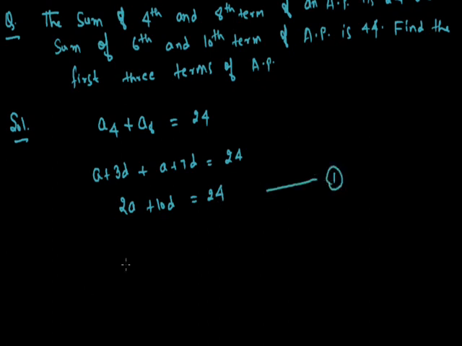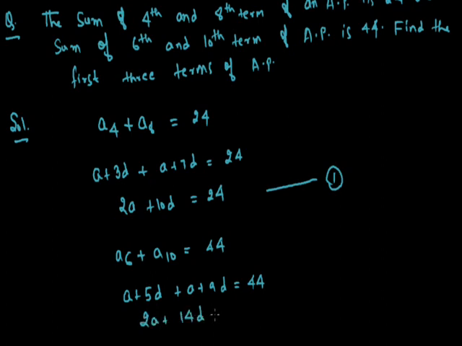Now in the second case, it is given the sum of the sixth term and the 10th term is equal to 44. So we can write a plus 5d plus a plus 9d equal to 44. So we can write 2a plus 14d equal to 44. So this is the second equation.